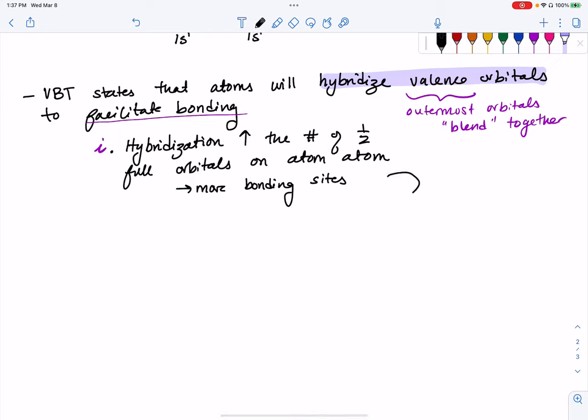Right? Because if we've got a half-filled orbital, that can overlap with someone else's half-filled orbital and create a spin pair in that overlap region, and thus form a bond.